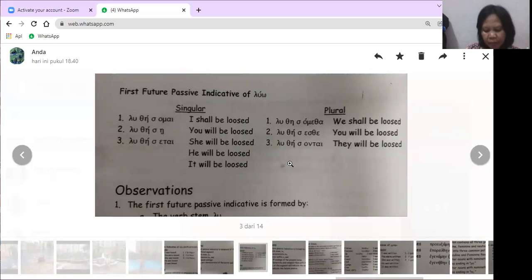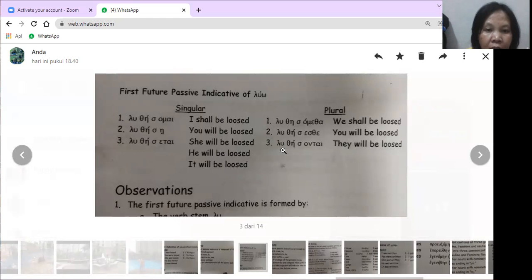The middle and passive endings of the present tense. Observe the letter theta and compare them with the first aorist passive. The presence of the augment will indicate the aorist passive, while its absence will indicate the future passive tense.